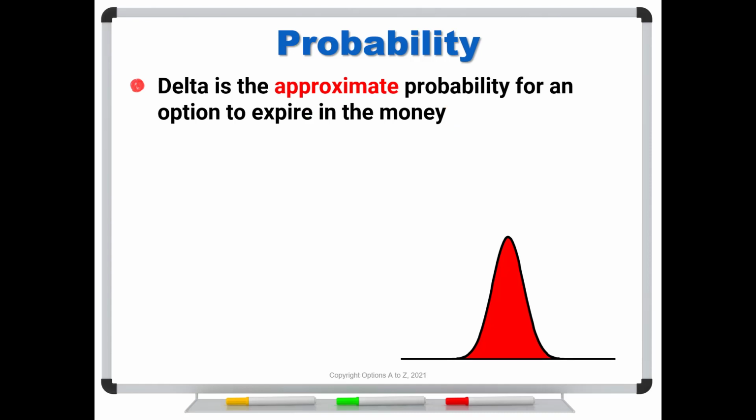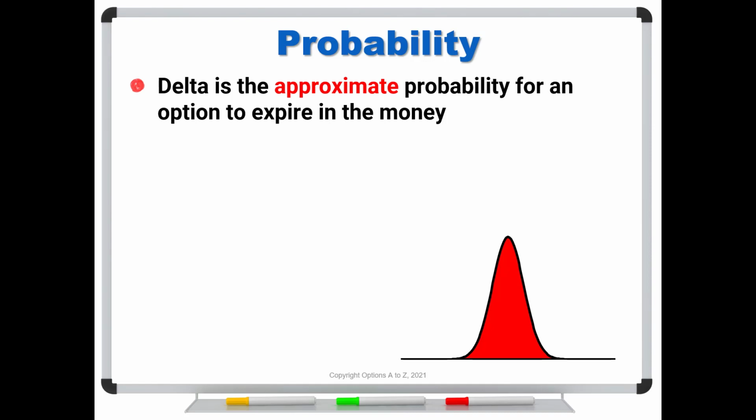So if you bought that $100 call for 3 and the option expires with a value of 1, it was $1 in the money. Yes, it did expire in the money, but you still lost. So just because you might be making some calculations of it being in the money, that doesn't necessarily mean that we're talking about profits.